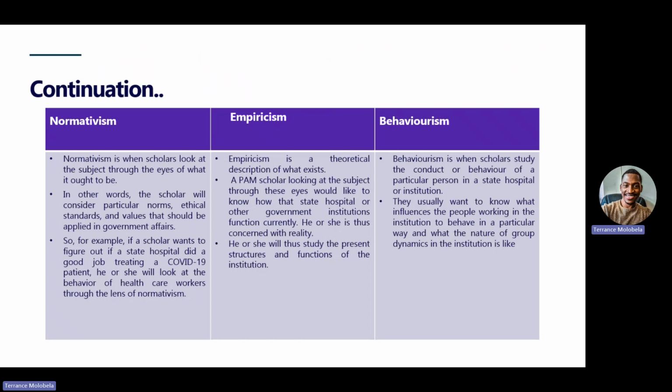normativism is when scholars look at the subject through the eye of what it ought to be or what it should be. In other words, the scholar will consider particular norms, ethical standards, values that should be applied in government affairs. So, for example, if a scholar wants to figure out if a state hospital did a good job treating a COVID-19 patient, he or she will look at the behavior of healthcare workers through the lens of what we call normativism.